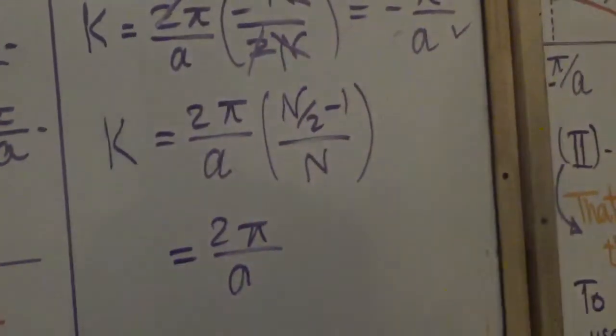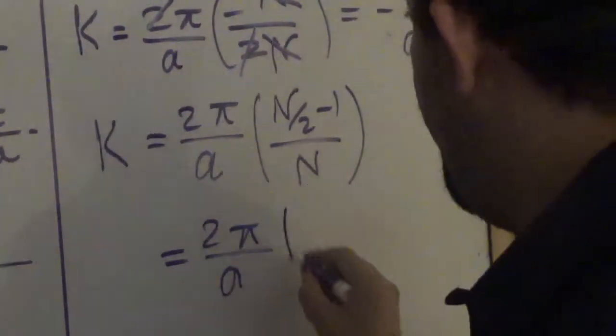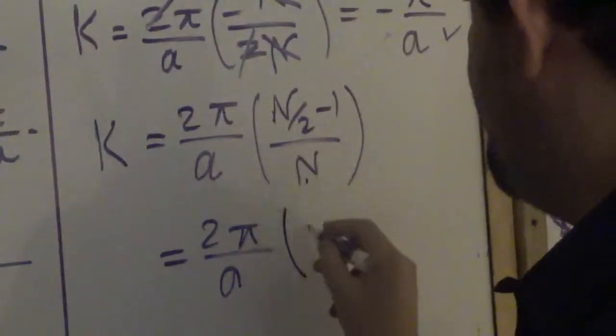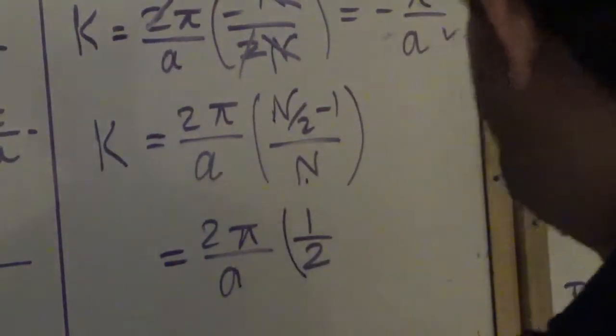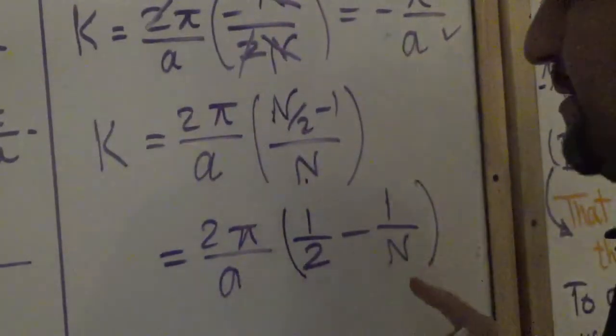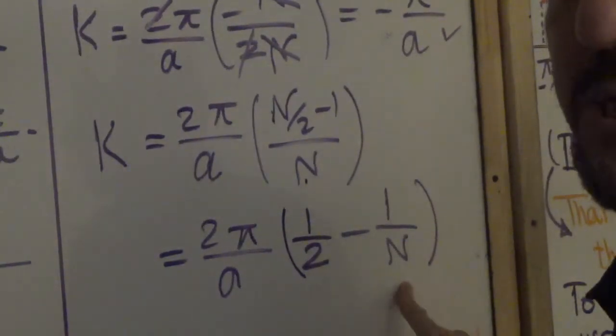So I have 2 pi over a times N over 2 divided by N, so that will give me 1/2, minus 1 over N. N here can be a very, very large number.